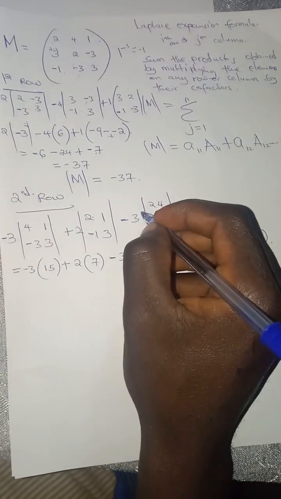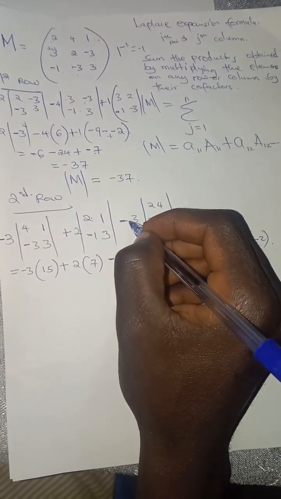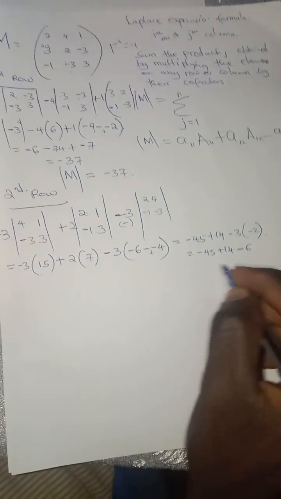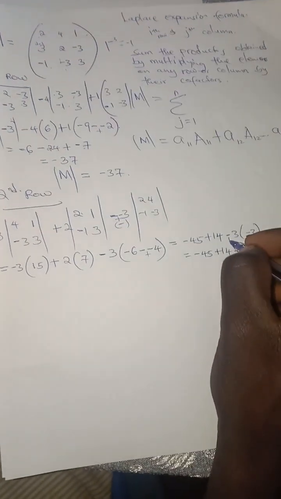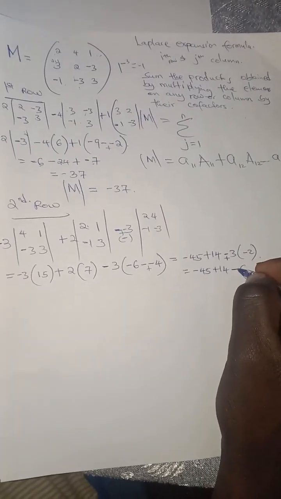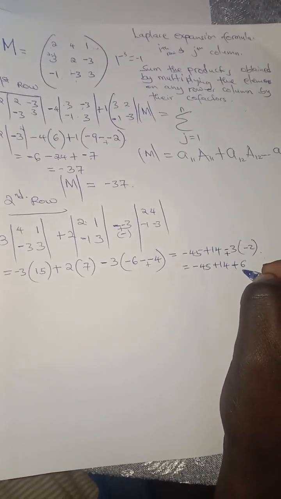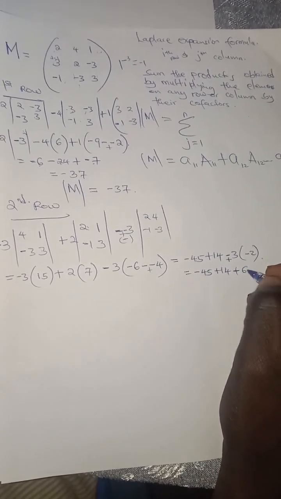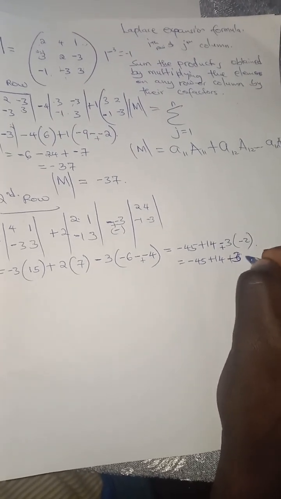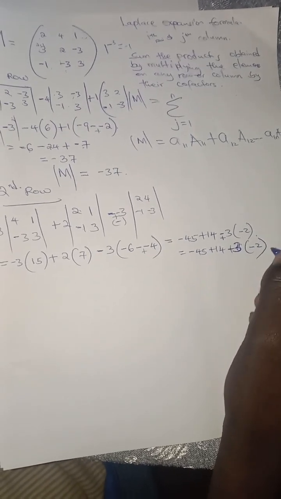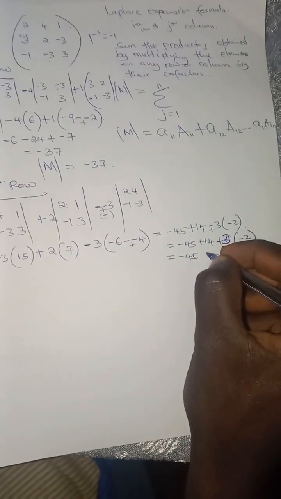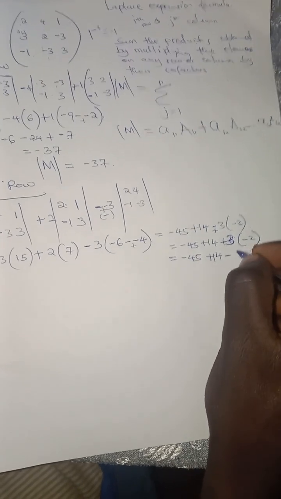Because remember, this cofactor ought to be a negative here, so it should be a minus. So a minus and a minus is a plus. This one will be a plus 6. So plus 3 into negative 2, which is negative 45 plus 14 minus 6.